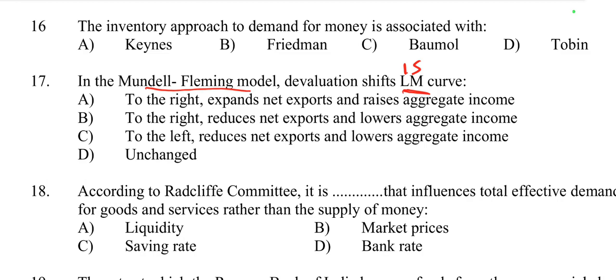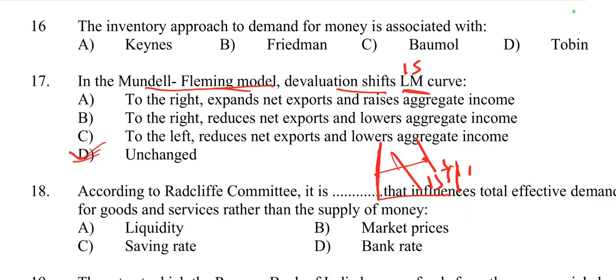This increases aggregate income and output, thus shifting the IS curve to the right, from IS to IS1. It doesn't directly affect the LM curve, so the LM curve is unchanged.